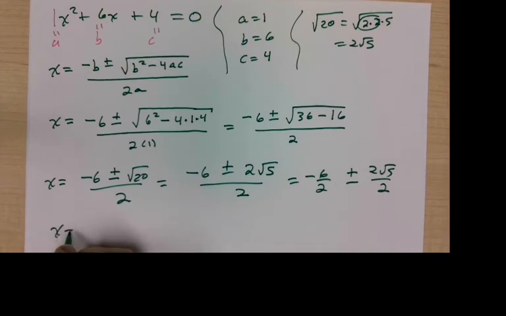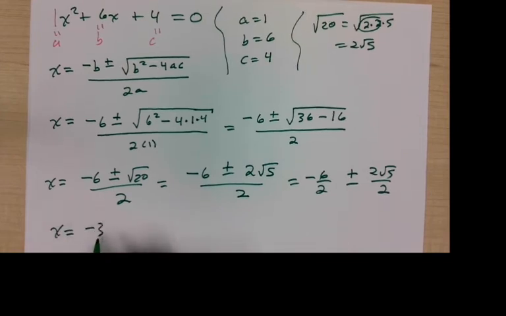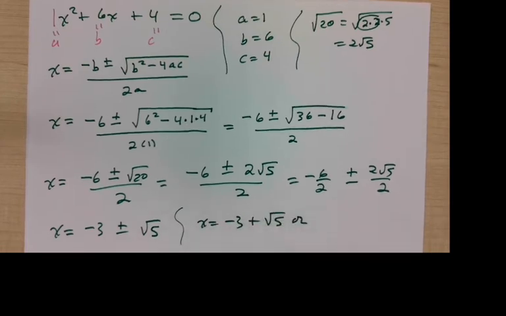And then we get x is negative 3 plus or minus root 5. Remember, those are two answers. X is negative 3 plus root 5, or x is negative 3 minus root 5.